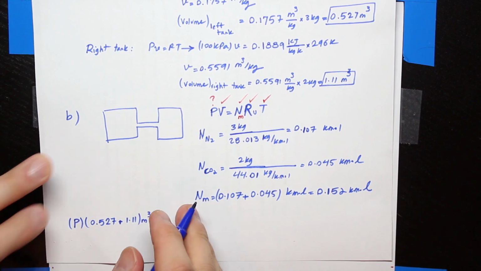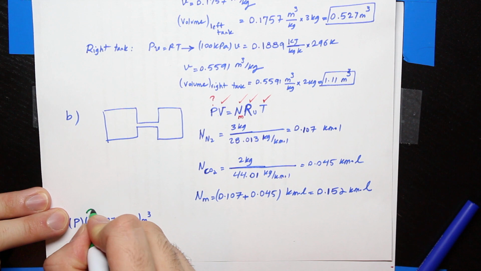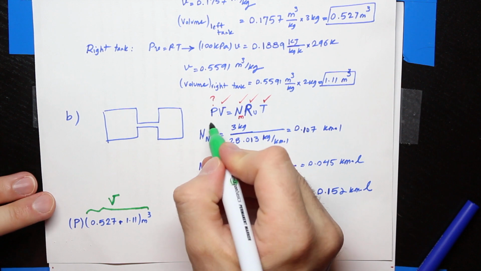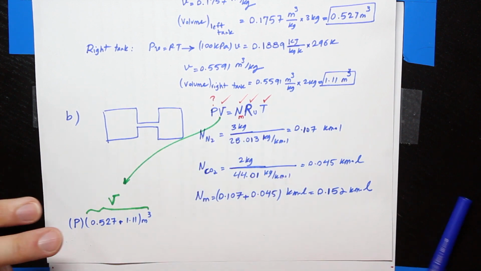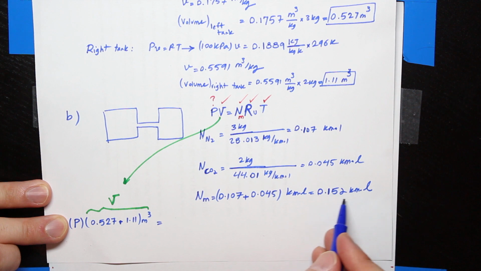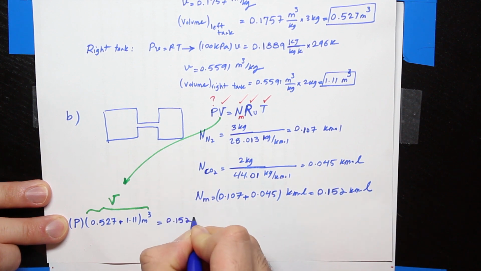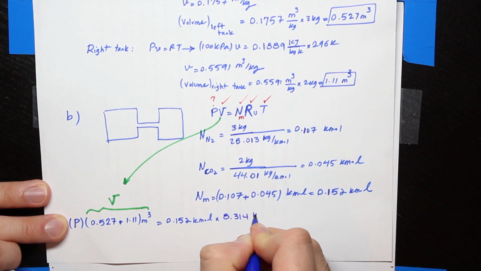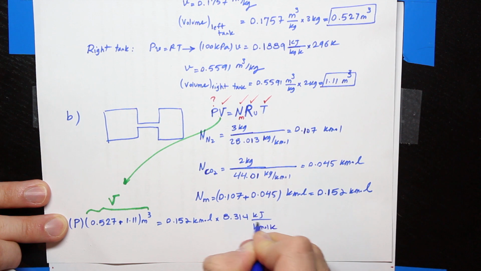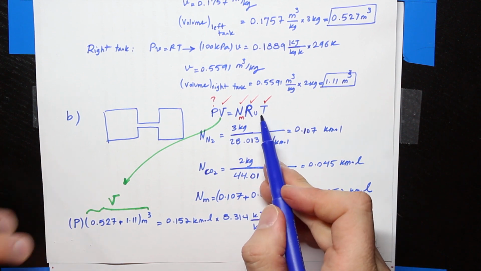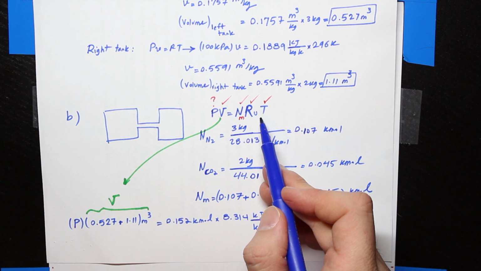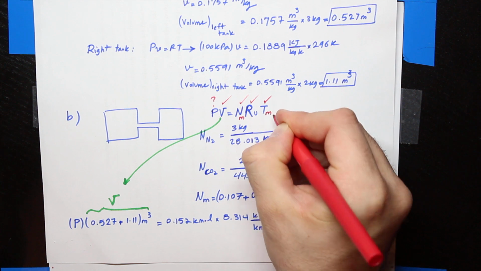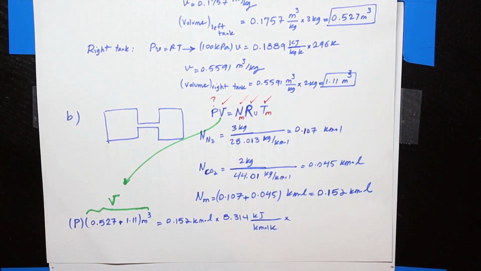The entire thing is my V. And that is equal to Nm, which is 0.152 kilomole, multiplied by Ru, a fixed number, multiplied by the temperature, which is once again the final temperature, or the mixture temperature. It doesn't hurt if you put Tm, just to make it clear that this is after mixing.